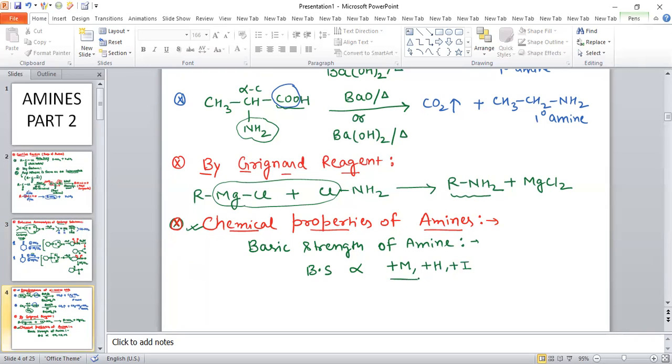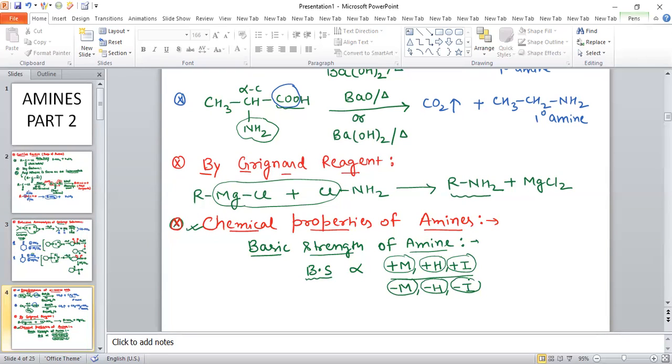In the same way, this basic strength is inversely proportional to -M group, inversely proportional to -H group, and inversely proportional to -I group.